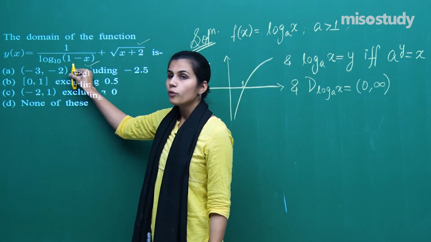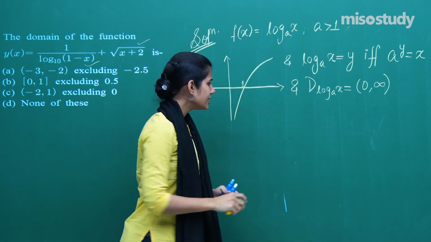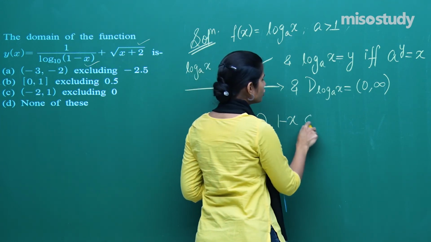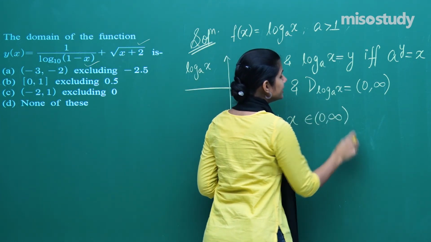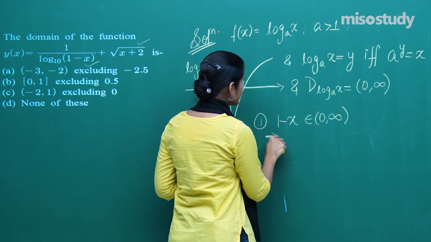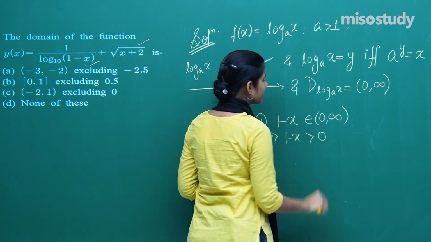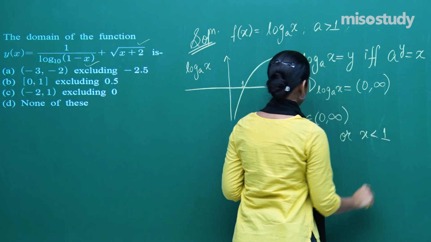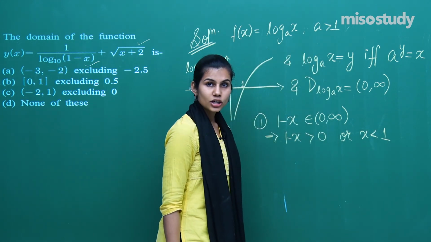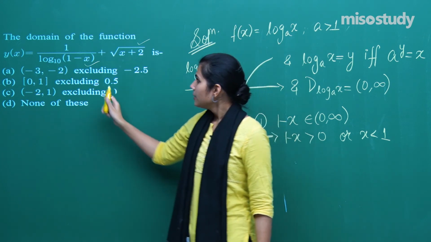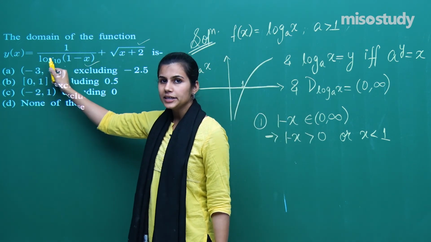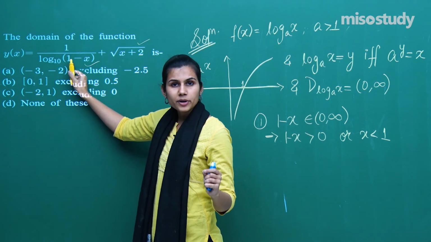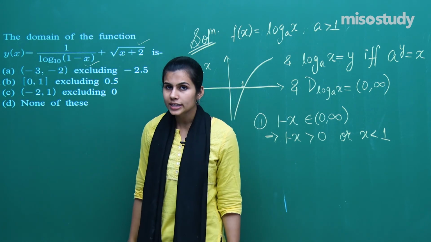So for log of 1 minus x to exist, the first condition is 1 minus x has to belong to 0, infinity, which means 1 minus x has to be greater than 0, or x has to be less than 1. Not just this, because this is sitting in the denominator, 1 upon something will be a real number only when the denominator is non-zero.